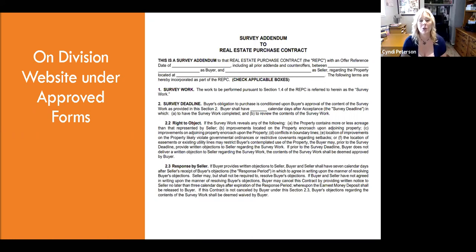That one's for a commercial property only. So that's why I was really surprised this wasn't on the MLS. I don't know if they just missed it. So I'll maybe have to send a little message over, but it was kind of weird to me that it was on the division's website, but it's not on the MLS for an approved form. But good catch. It's good that you noticed that.